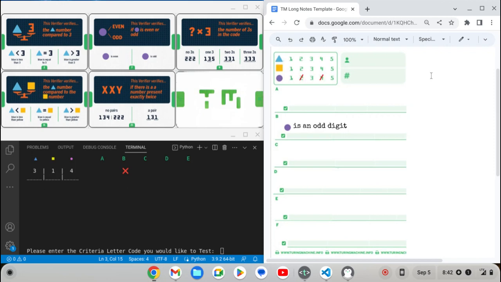Okay, so the next thing I think I'll test is criteria card E. Oops. Okay, so the Turing Machine disagrees with my proposal. Notice that I do have all distinct digits, 3, 1, 4. They're all different. That's a no pair scenario, but the Turing Machine does not agree with that. So it's letting me know that in fact there is a pair in our solution.